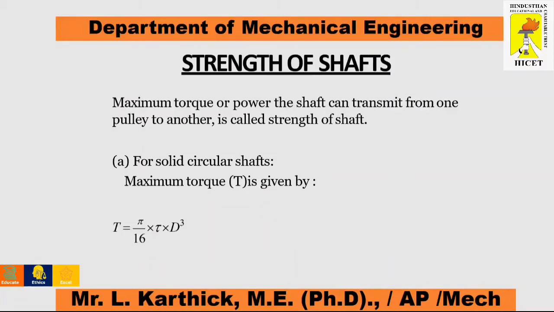Here the shafts may be of two categories: solid circular shaft and hollow circular shaft. For a solid circular shaft, we calculate the torque with the expression T equals pi by 16 into tau into D cubed, where D is the diameter of the shaft and tau is the shear stress in the shaft.